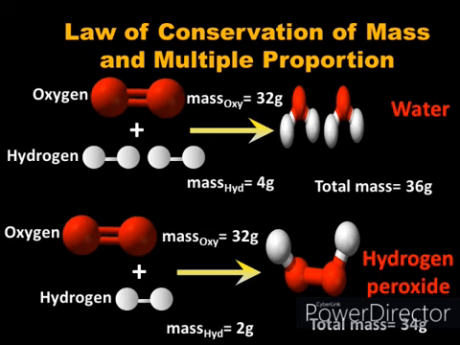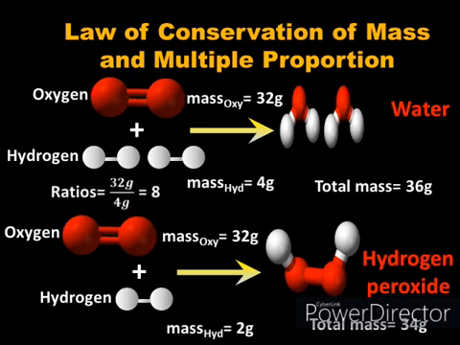Similarly, the mass of the hydrogen molecule is 2. So the net mass of the hydrogen and oxygen molecules is 34. After combining, they form hydrogen peroxide, and their total mass is 34. So the mass of hydrogen and oxygen at the start of the reaction is equal to the mass of the final product, hydrogen peroxide, which is 34. This is basically the conservation of mass.